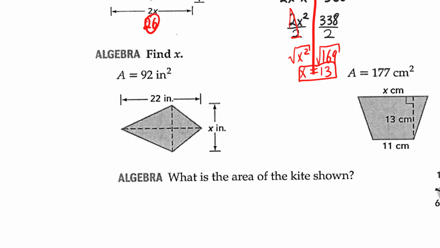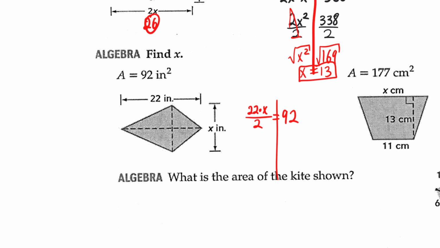Okay, on this one, so 22 times x divided by 2 equals the area of 92. Diagonal 1 times diagonal 2 divided by 2 equals the area. Okay, so times 2.